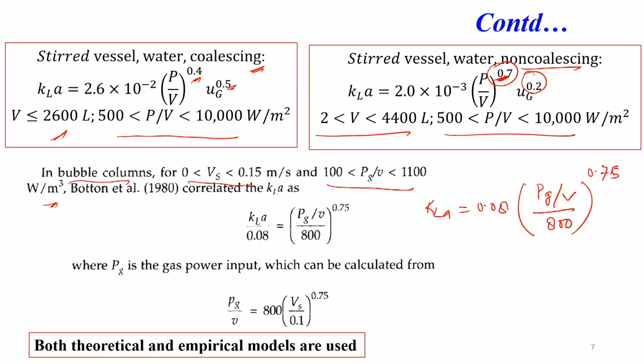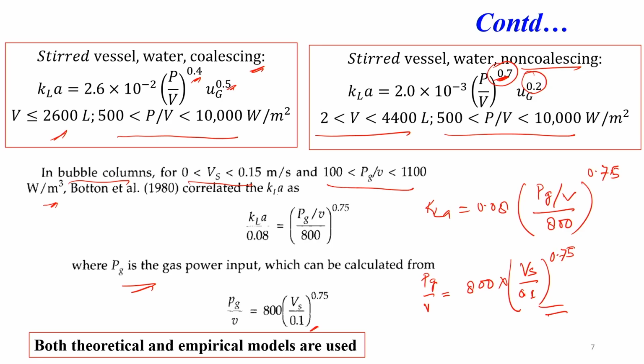So, this is for the bubble column, and here Pg/V can be further calculated based on this correlation. It says Pg/V equals 800 into Vs, superficial velocity, divided by 0.1 to the power 0.75.